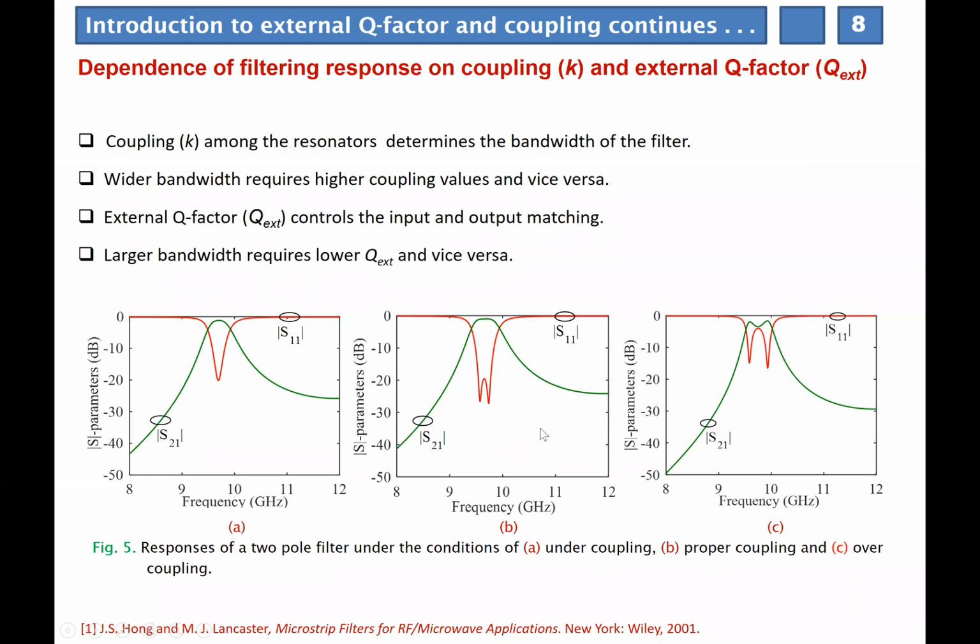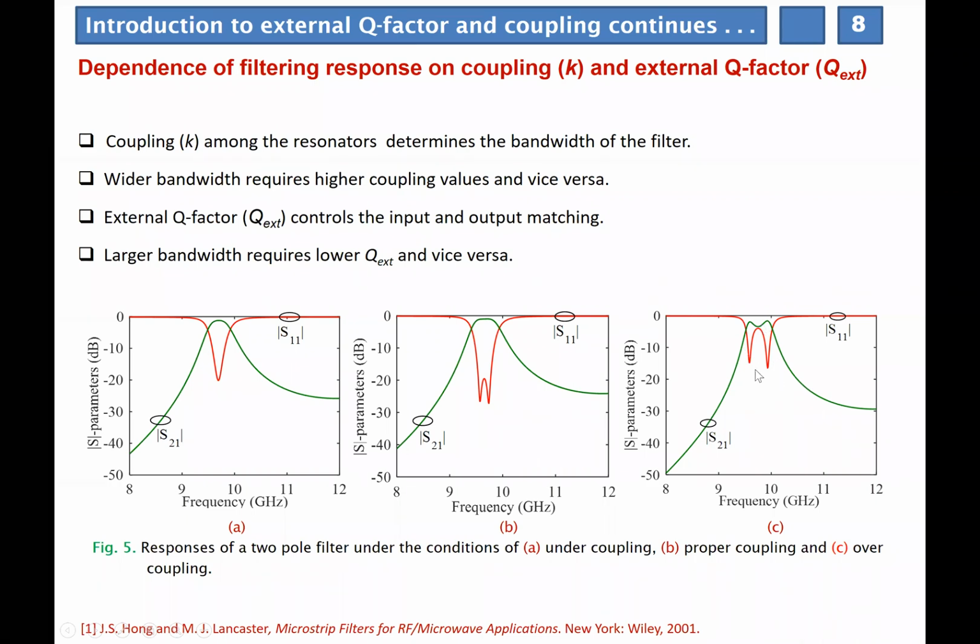Now, if you increase the external quality factor more, you will get 5c. Here you can see two dips in S11, but S11 is around minus 5 dB. That means it is not a well matched filter. S21 will also have some curvy nature at the pass band, but at the pass band we need a flat S21.